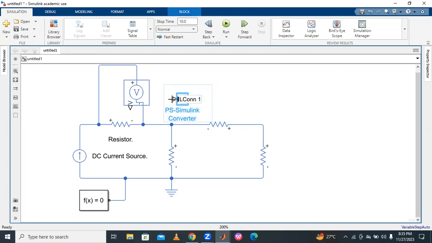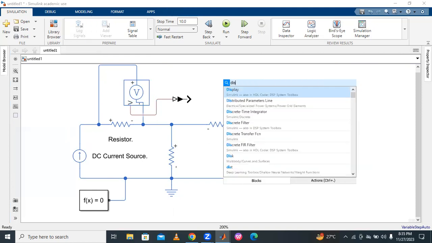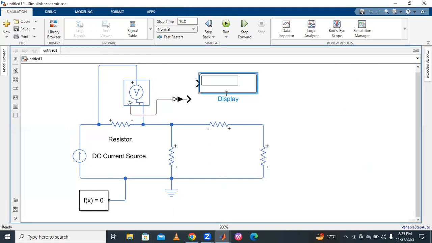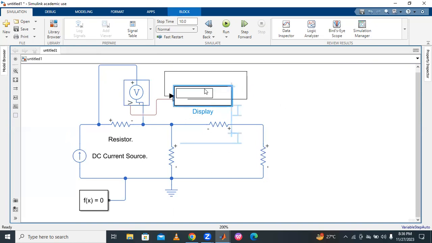By using this, we connect one display in this way. Display shows the voltage. Directly connecting a display to these Simscape devices is not possible, so one PS-Simulink converter is required.